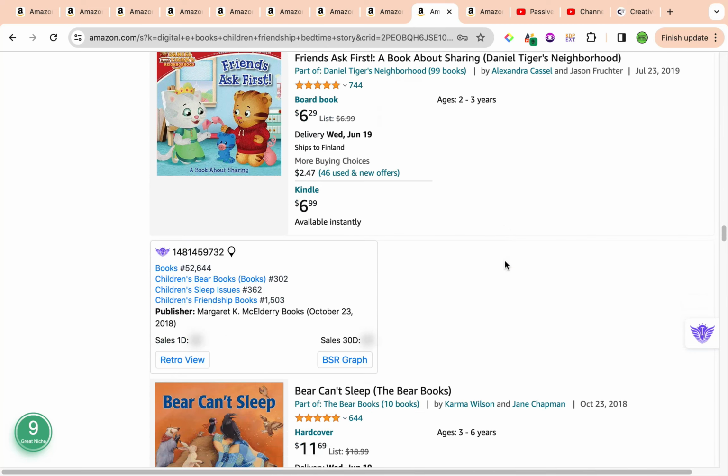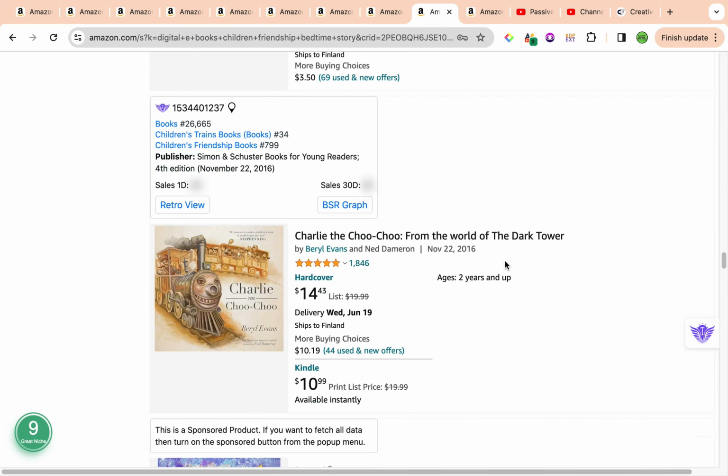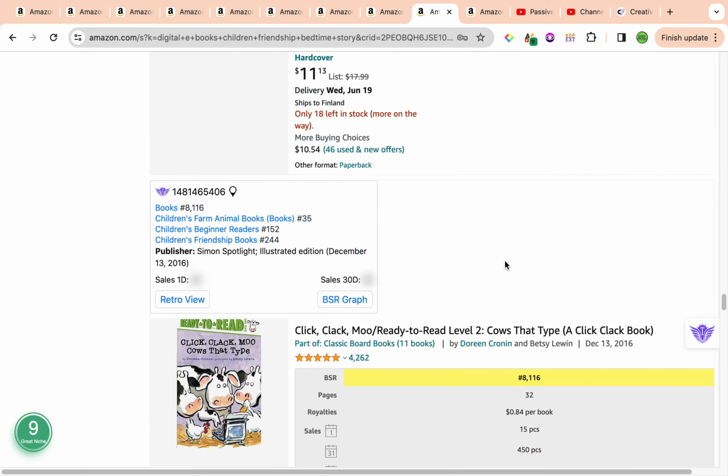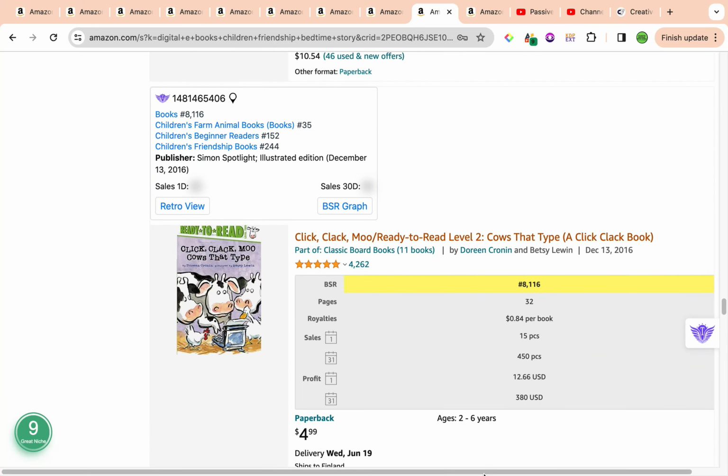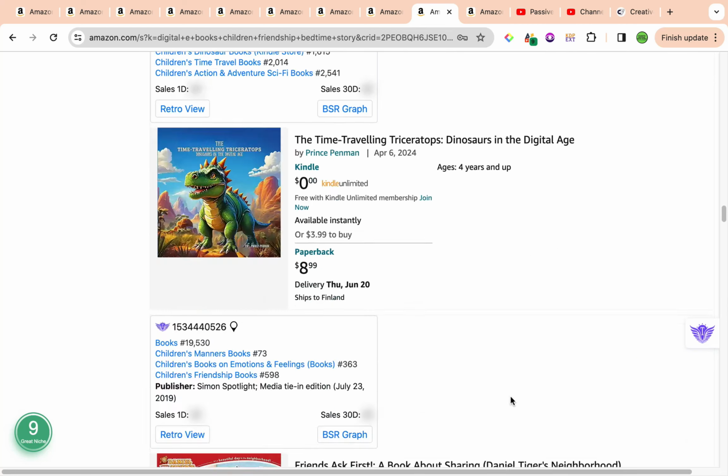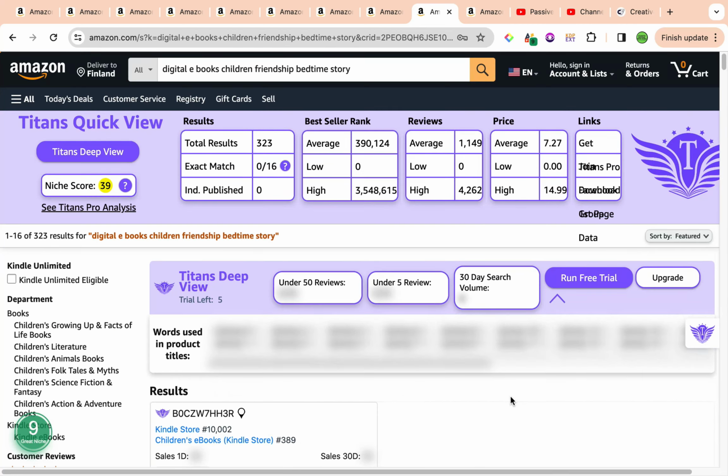This one's at 19,000, 52,000 for this one, 26,000 as well, 8,116. This one, for example, is selling around 450 copies per month. It is generating approximately $380 on a monthly basis. So just now we've clarified that there are more than 4 books with a BSR of under 100,000.